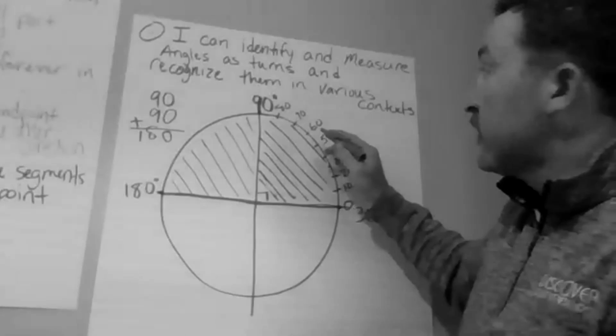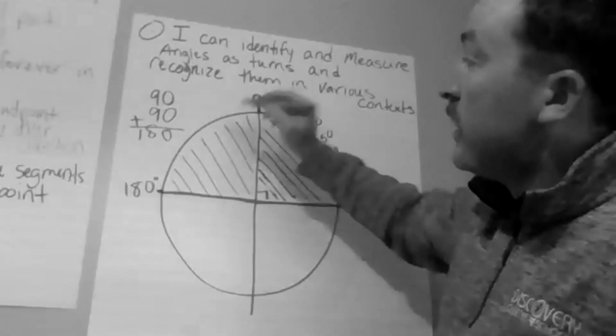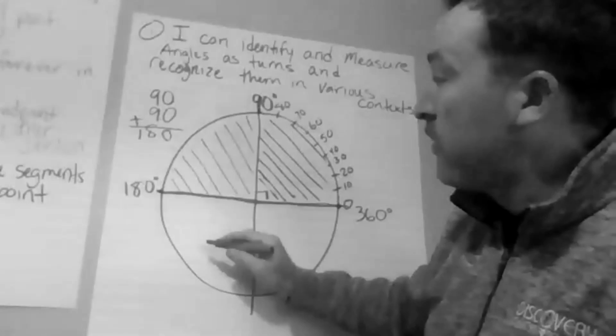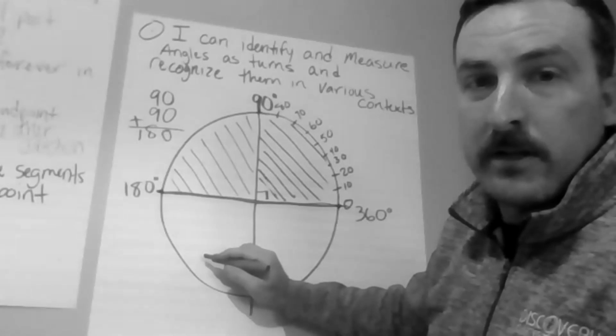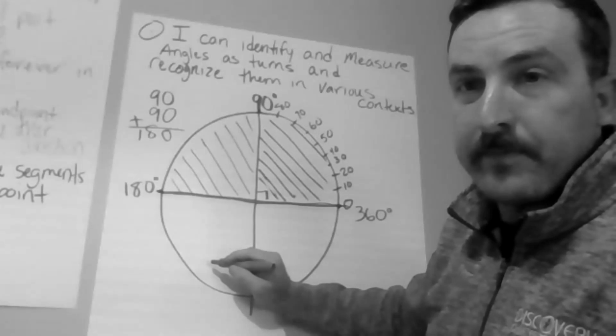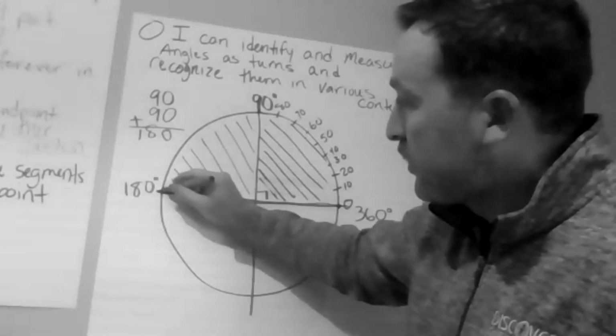Okay, so if this quarter was 90 degrees, and this quarter is 90 degrees, how many do you think this quarter is going to be? Come on, you got it. If it's the same exact size. We're just looking at this section right here.